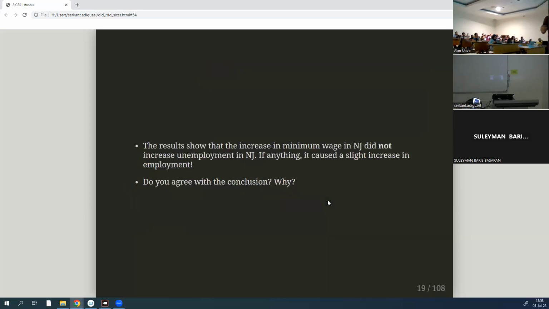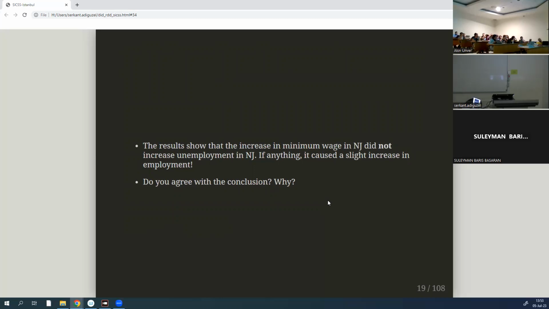Well, does this mean that minimum wage actually caused this increase? This is a question for you. So I simply compare, after, let's say, the minimum wage increase happened in 1992. Let's assume this is 1994 data. I simply compare the average full-time employment in Pennsylvania and New Jersey in 1994.